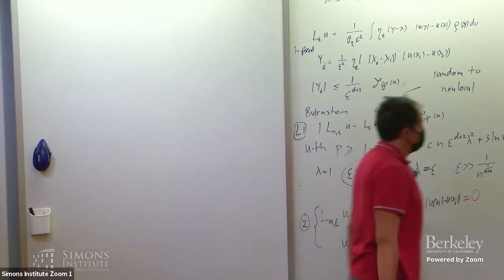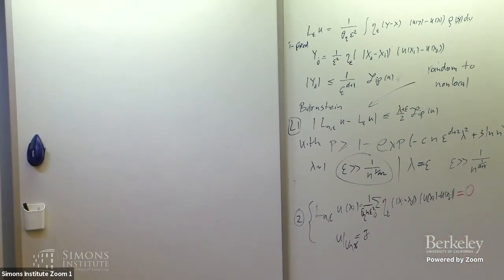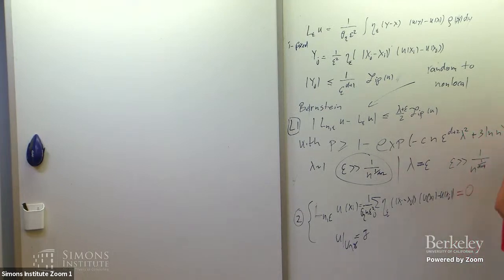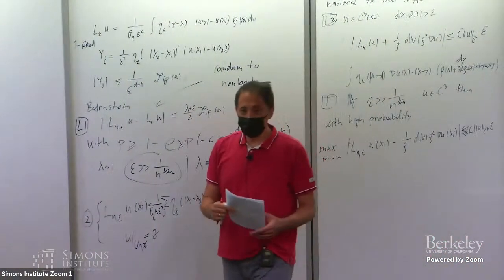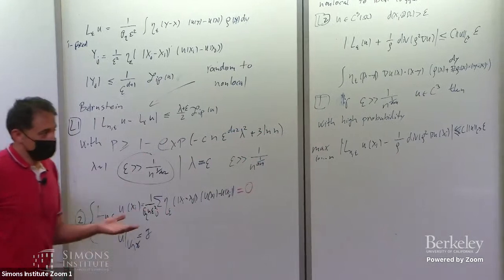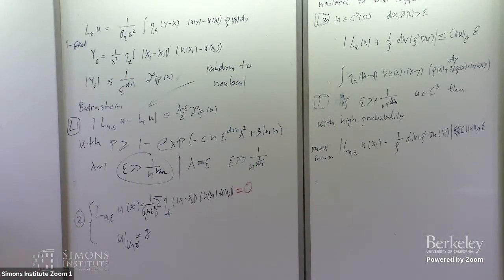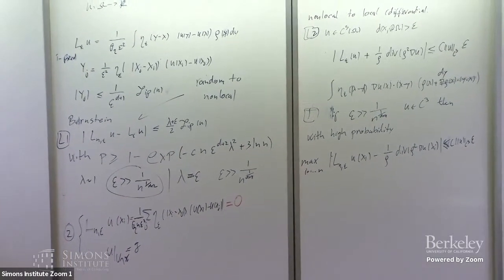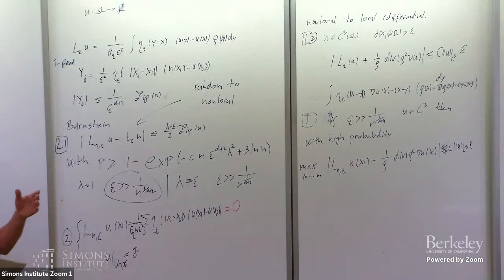So now that I have this consistency estimate between my discrete operator and the continuum operator, this is pretty standard. We just need to use some stability. Let's say for these elliptic equations, we have the comparison principle that can provide the desired stability in the L infinity norm, right?